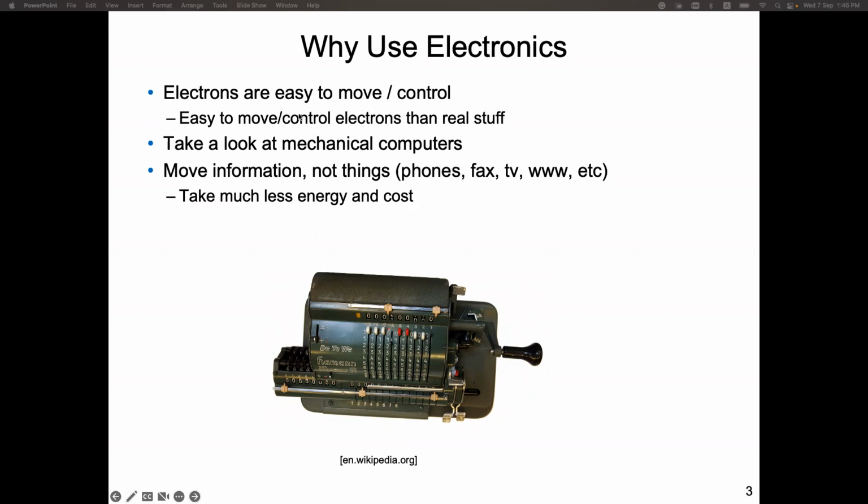Well, electronics make it easy to move and control information. Basically, we don't control physical stuff; we move and control information, and not things. For example, applications of electronics like phones, fax, TV, the internet, etc. We move information, process information, display and generate information. Because we are manipulating information, it takes much less energy and cost than moving real things.